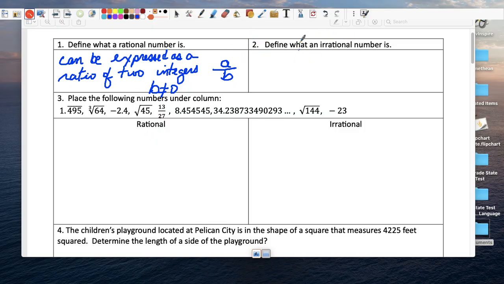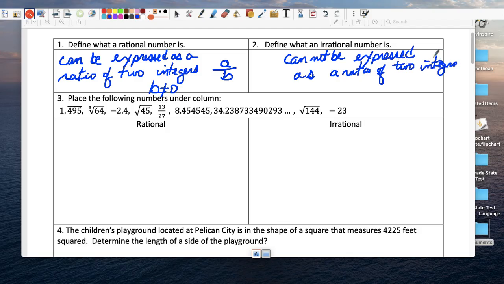What is an irrational number? An irrational number cannot be expressed in such a manner. It cannot be expressed as a ratio of two integers. So one can and the other cannot, and we'll talk about more in detail as the video goes along.